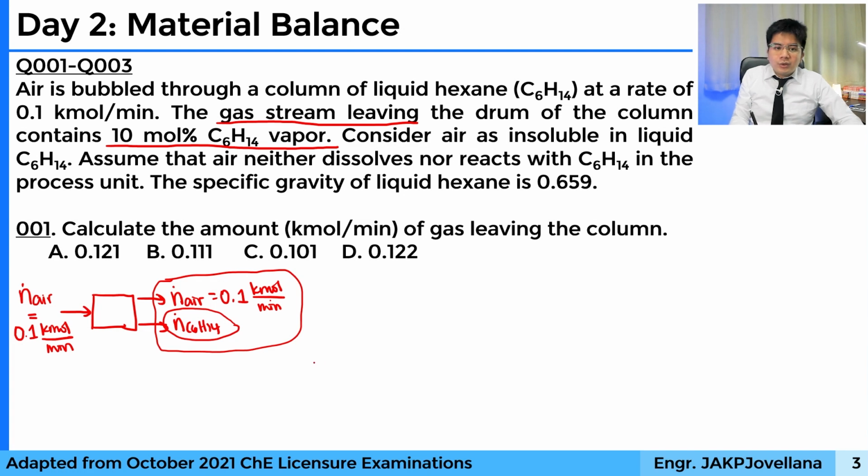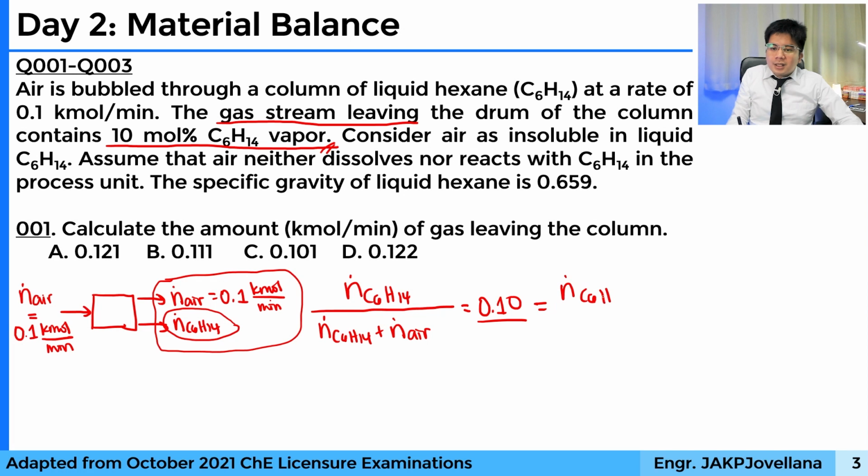In the form of equation, we can write that as N dot C6H14 divided by N dot C6H14 plus N dot air equal to 0.10. This is the 10 mole percent hexane vapor. So 0.1 is equal to N dot C6H14 over N dot C6H14 plus N dot air, which is 0.1 kilomoles per minute.